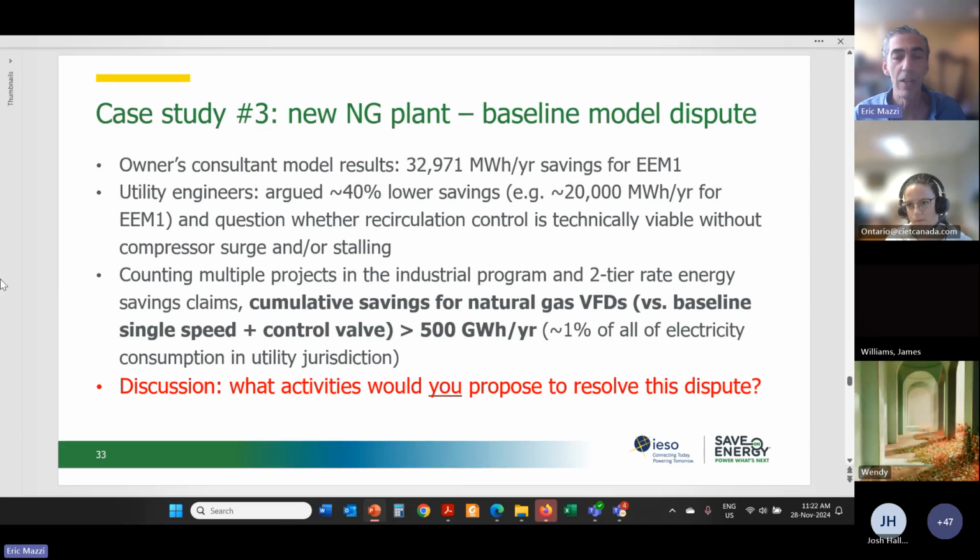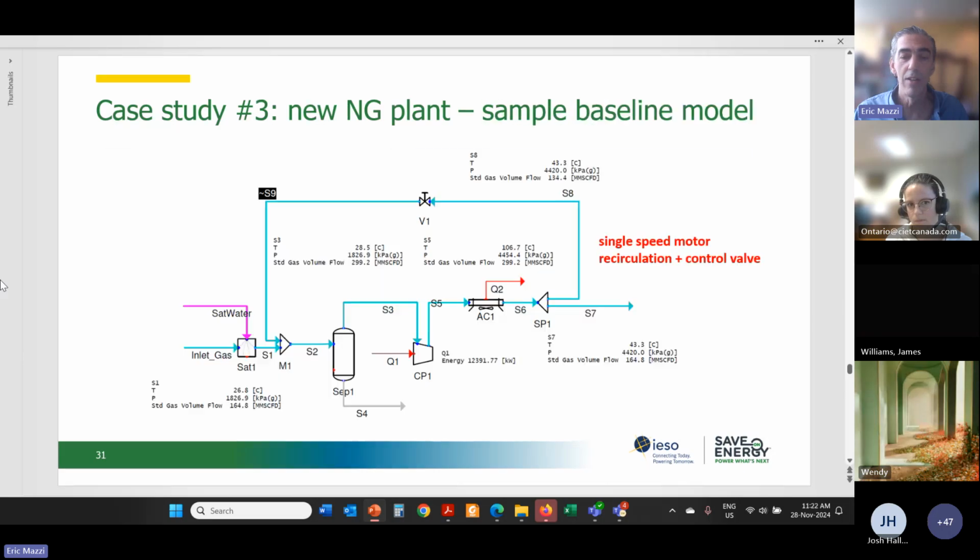Same for natural gas. Well, let's just find some systems that work like this with single speed motor and recirculation control, even if it's not the same process we're interested in. If we can get data and modeling done on a similar process, we can build confidence in doing that same estimate for the process we are interested in. But if you cannot find that inefficient baseline system in the first place, then you can't do it.